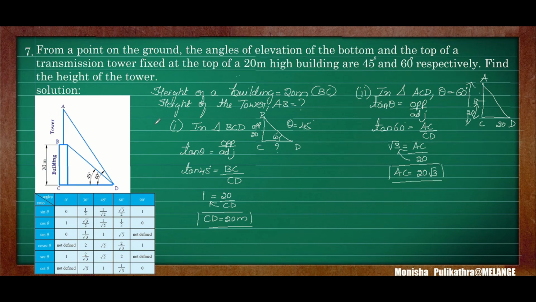But we have to find out the value of only AB. If we need to get the value of AB, we need to subtract BC from the whole AC. So we know that AB plus BC is equal to AC, whereas we want to find out the value for AB. So we need to subtract BC from AC.